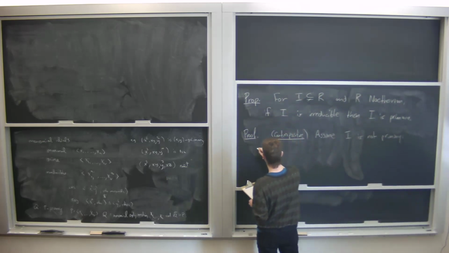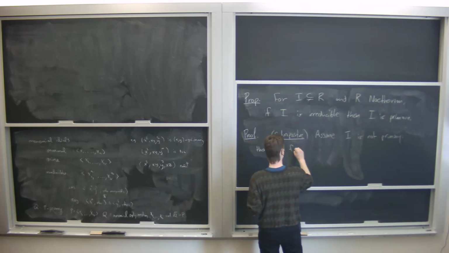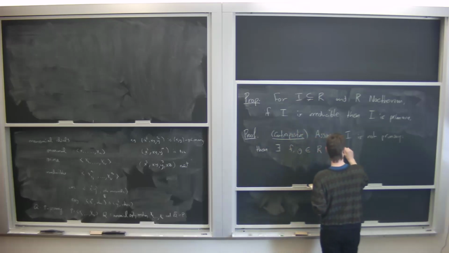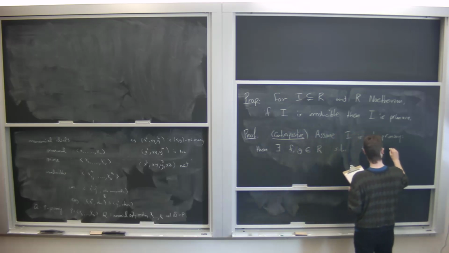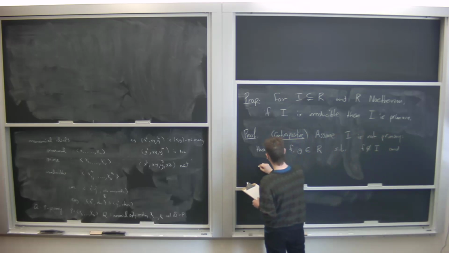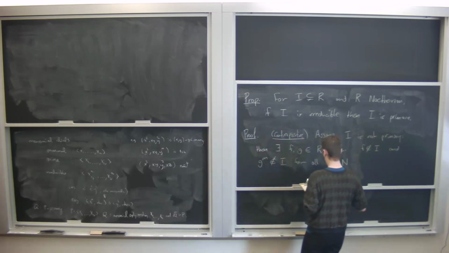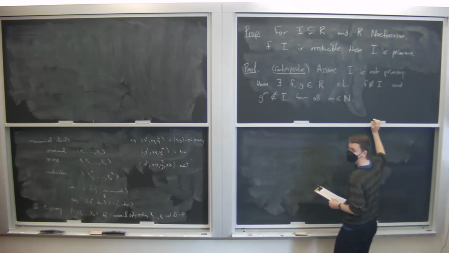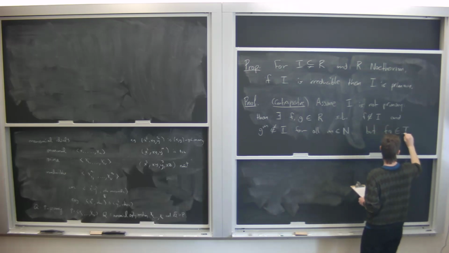Then there exist, I'll say, F and G in the ring such that F is not in I and G to the M is not in I for all powers M, but FG is in I. I wasn't looking at my notes.